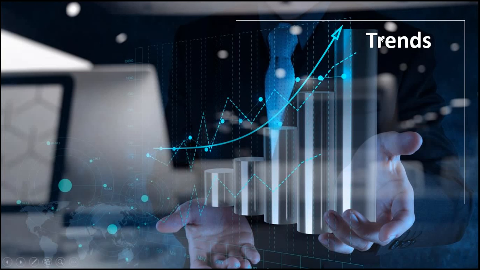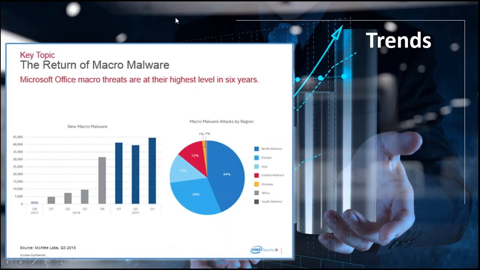Trends. We have seen recently, and these are just an element of part of zero-day attacks, information provided by Intel Security. And you can see on the chart over 2014 and 2015 a significant increase in malware in just one section, that being Microsoft Office macros.